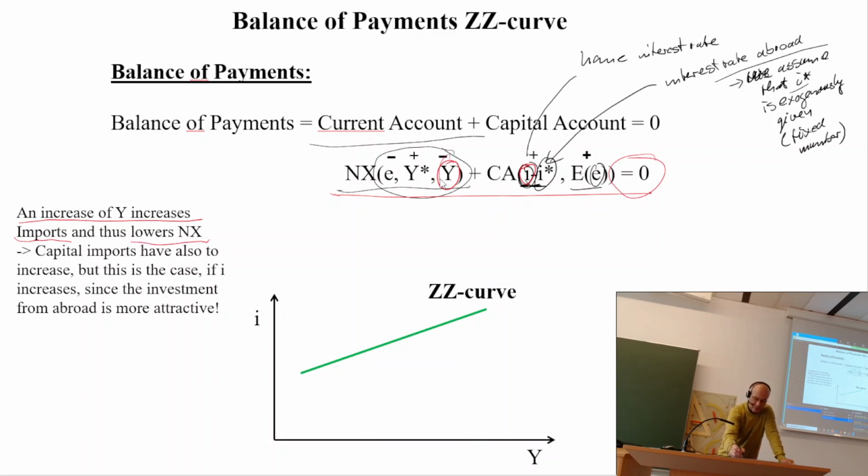So this dependence would lower our net exports, but we have the balance of payment. This would mean that the capital imports have to increase. So this lower implies, due to this equality sign in the balance of payment, if net exports go down, then on the other side, capital imports have to increase.